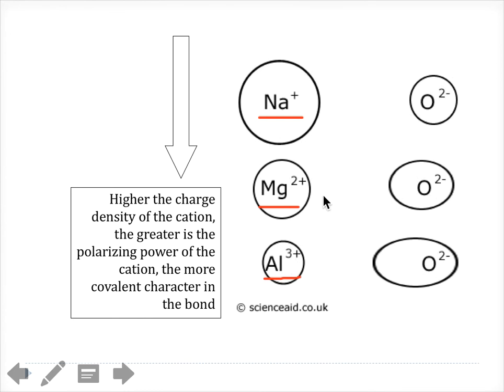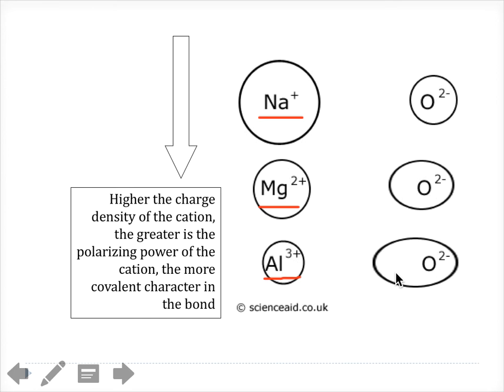So because of the increasing polarizing power of these three ions, we see that the distortion of the oxide anion actually increases. All right, and in the case of aluminum oxide, the oxide's electron cloud is distorted to the greatest extent.